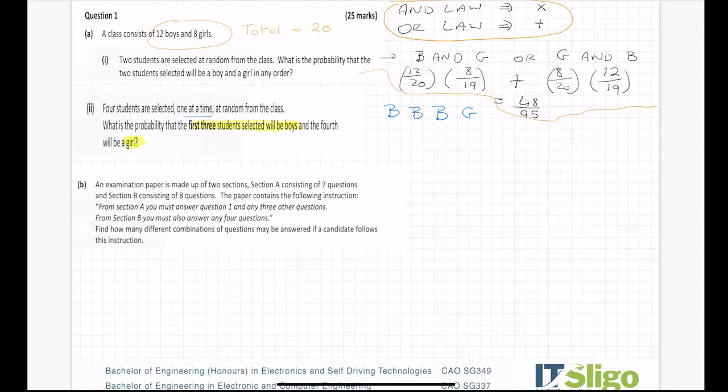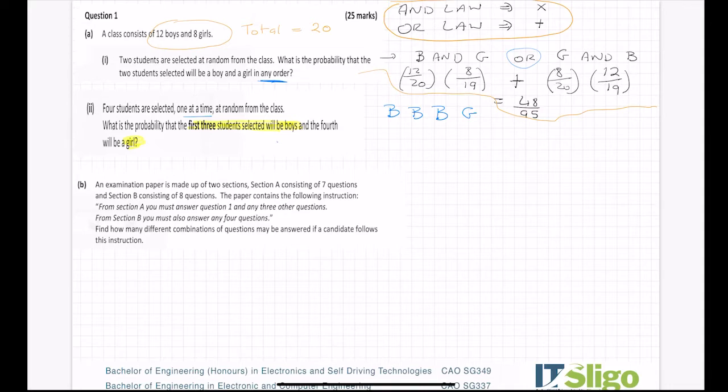Okay, a bit like we did up the first one. Now, there's no in any order in this one. So in this part 2, it is not in any order. They have given you a very specified order, which is boy, boy, boy, girl. So there's no or in this case like there was above. There's no other way to come up with that order of 3 boys and a girl.